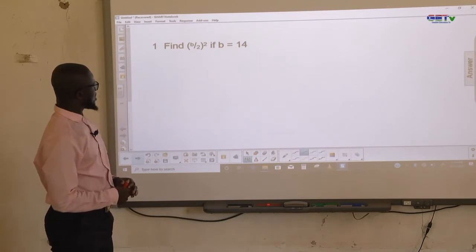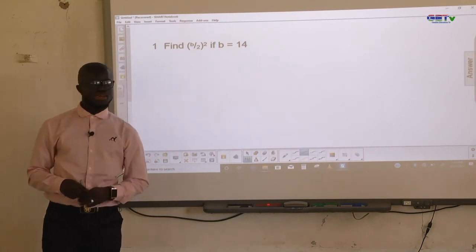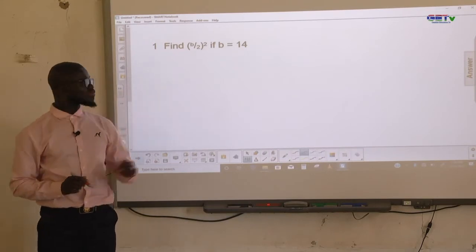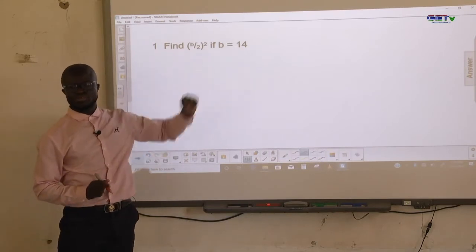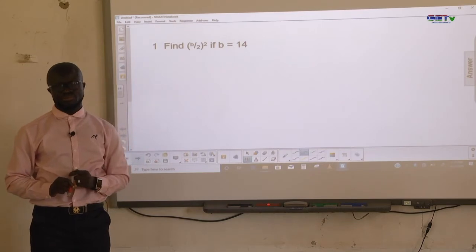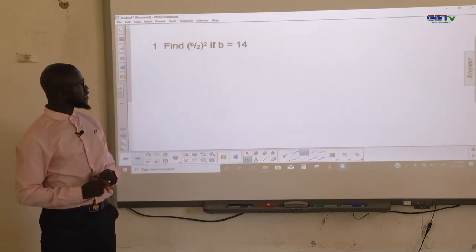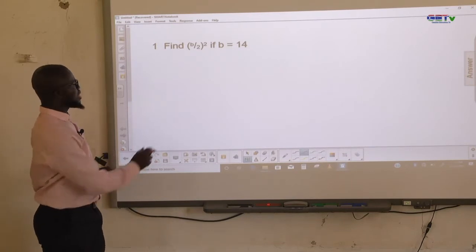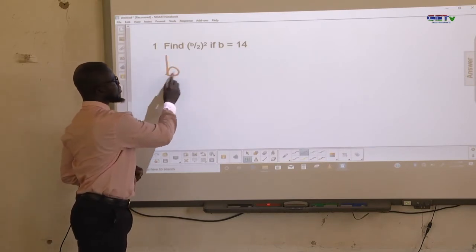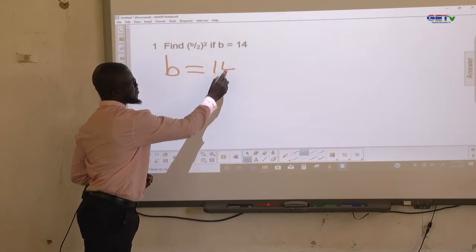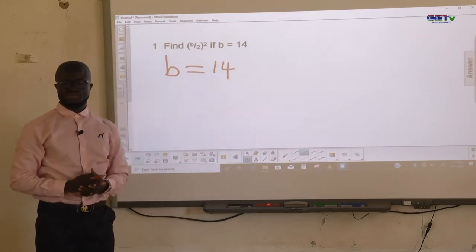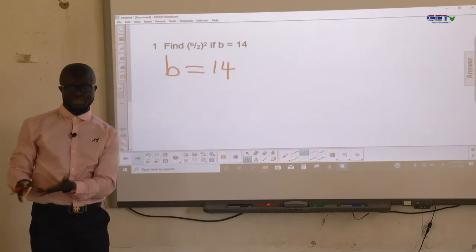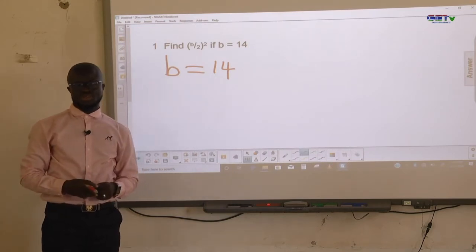Our first question is, find b divided by 2 in bracket all squared if b equals 14. What do you notice in this question? Here we are given the value of b as 14. And that was the first step I gave in the previous examples.